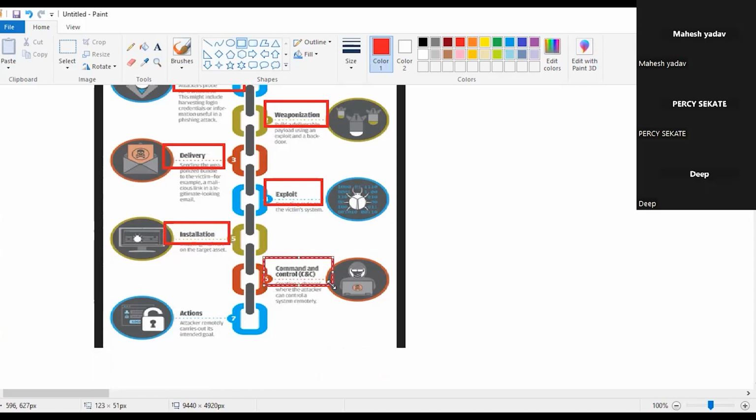So the attacker maintains persistence through it. Whenever, it can communicate to that shell anytime, anywhere. So that's why it's known as Command and Control Center (CNC). And after that, the attacker can execute any action he wants on the target.